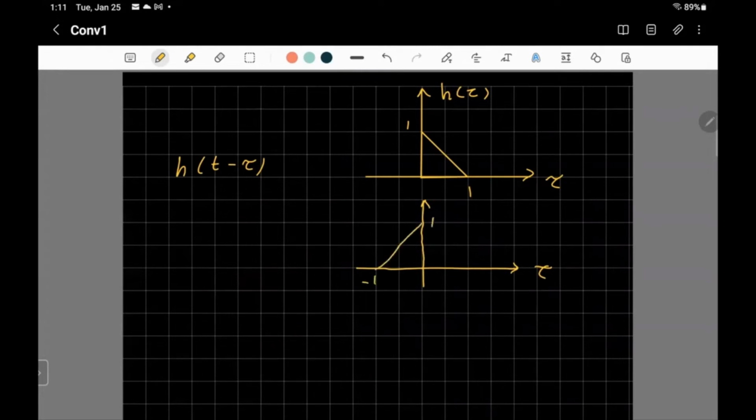And you keep in your mind, since you have t here in the front, you are moving toward the right by t, if it's positive, of course. If t equals 0, you are not moving. You are at h minus tau. If you say I want to find h t minus tau at t equal 1, it means I'm moving 1 unit towards the right, right? h 2 minus tau, I'm moving 2.